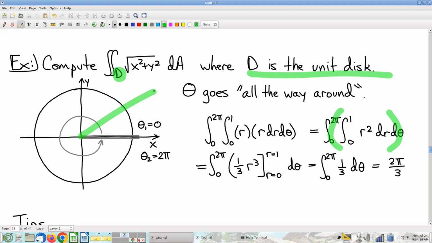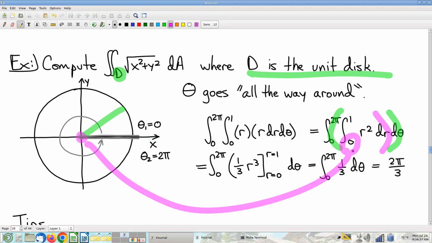So for a given theta slice, well, the actual slice itself just looks like that. And now I've got to ask the question, what's the range of values of r? Well, r starts there, where, again, sometimes you get lucky and it's just obvious in the picture. What's the value of r at the origin? Well, that's where r equals 0. Nothing to it. The more interesting question: the last r value of our theta slice, where's that?